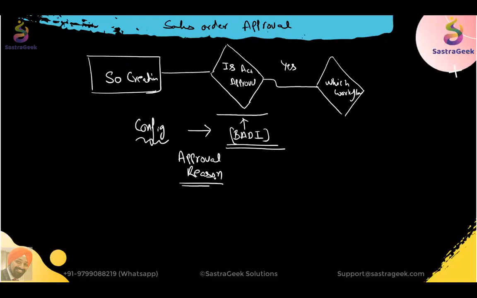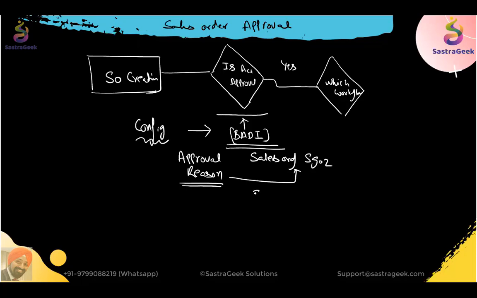An approval reason is nothing but a set or a group which defines that the approval is required. So you can say that for a particular sales org, let's say our sales org SG02, I need approval. So I will create a reason and I will attach it with SG02.